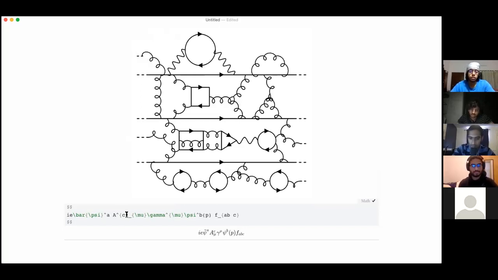This dependence on the momenta is what's interesting or non-trivial about these things. Otherwise, it's just combinatorics that determines what these diagrams are.